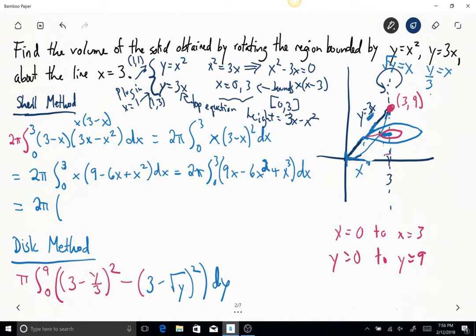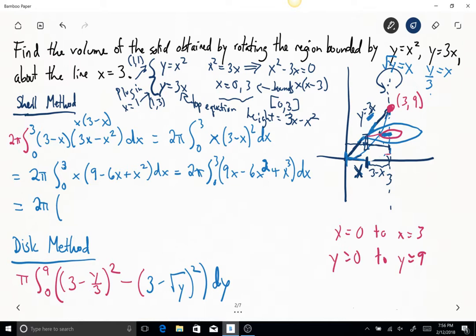In the radius, this is where I like to use the graph, because you have this shell that's being revolved around. The radius is the distance to that 3 point, right? But you know the other side of that distance is x. So when you have that, you have x being this distance here. That means that the rest of the distance has to be 3 minus x to get a total 3, because x plus what gives you 3? Well, x plus 3 minus x gives you 3.